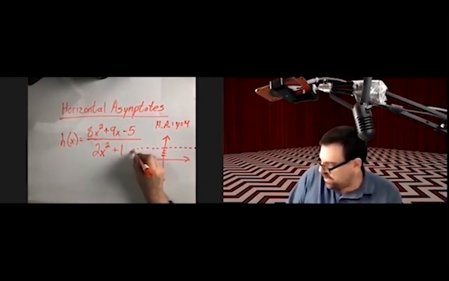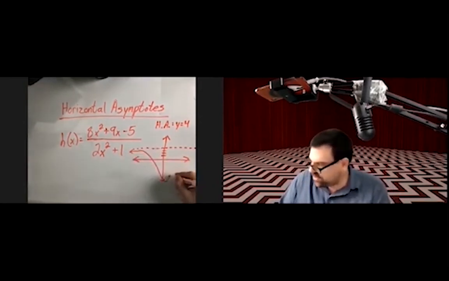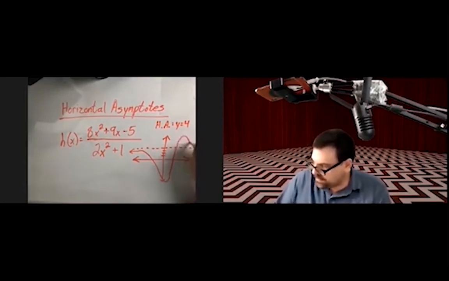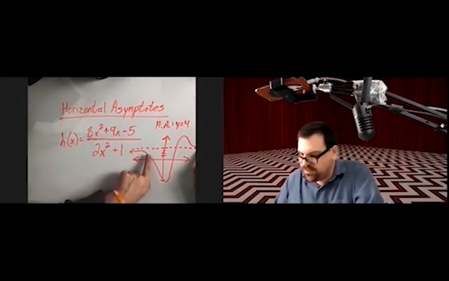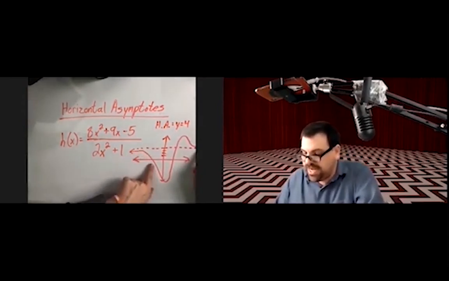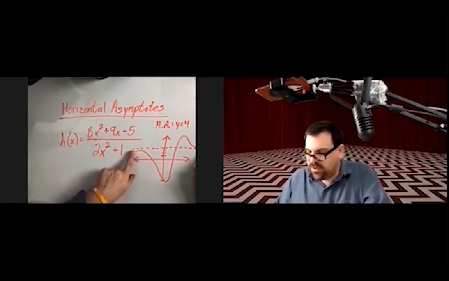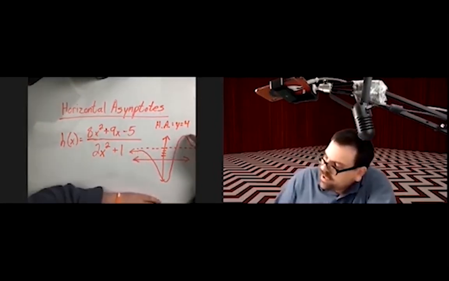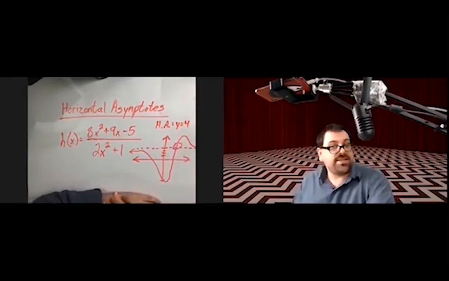We have no idea how to do this yet. And being able to graph this isn't actually going to be important. But as you can see, as x approaches negative infinity, as x goes farther and farther to the left, we're going to get closer and closer to 4, but we're never going to cross it. Here, as we approach positive infinity, we're going to get closer and closer to 4, but we're never going to cross it. But in the middle, we actually do cross it somewhere.